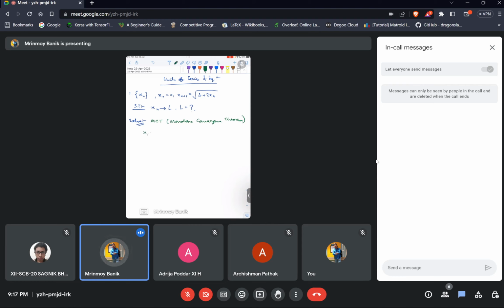So if you try to compute x1, it's the square root of 4 plus thrice 0, which is 2. So x2 is the square root of 4 plus thrice 2, which is root 10, which is greater than 3.